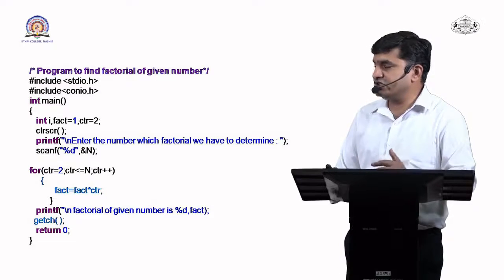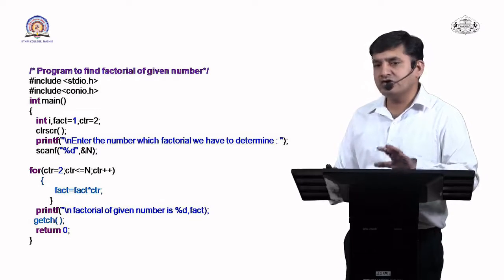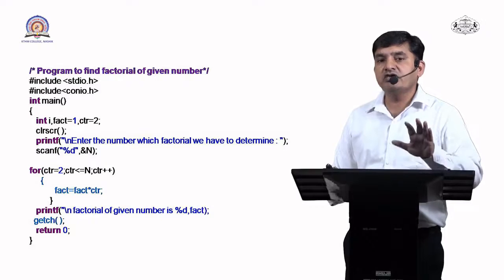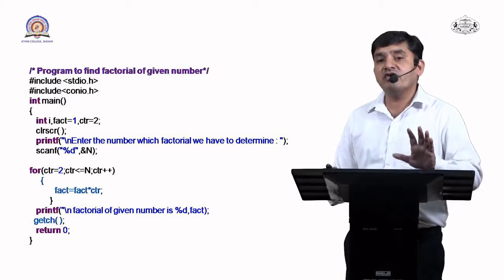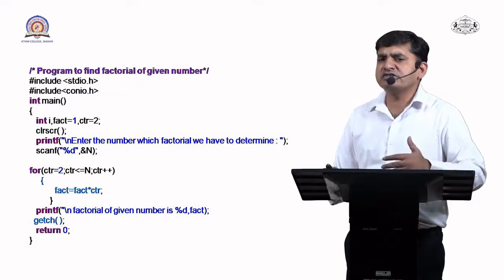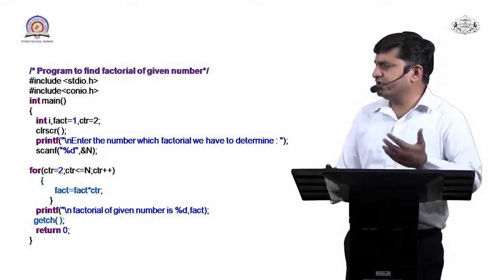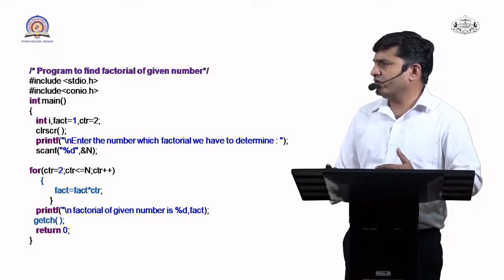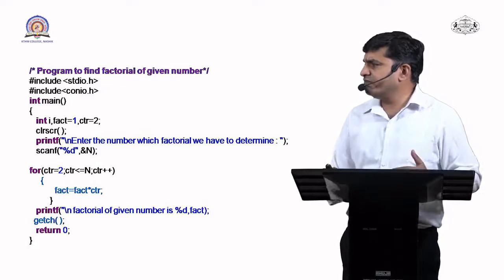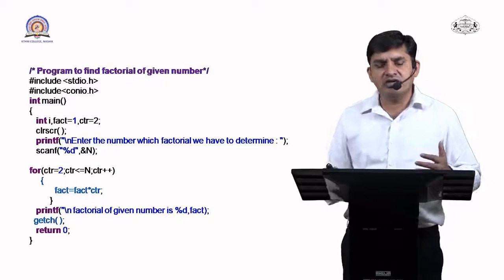Getch is used to hold the output screen for some time, then return 0. So we get the factorial of the given number.